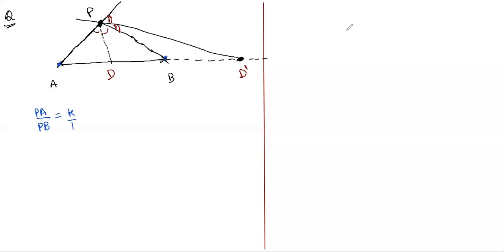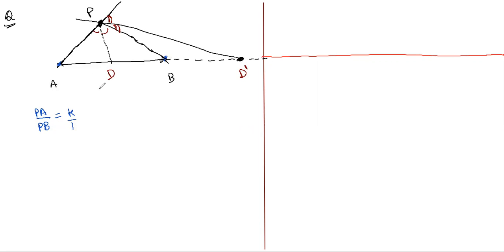Then actually there is a theorem. There is one more theorem which is exactly the same as what we just studied. That is called the external angle bisector theorem. What does the theorem state? That theorem states that if D dash is the external point where the external angle bisector is cutting the opposite side AB.